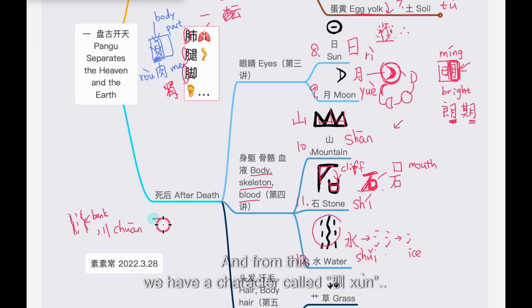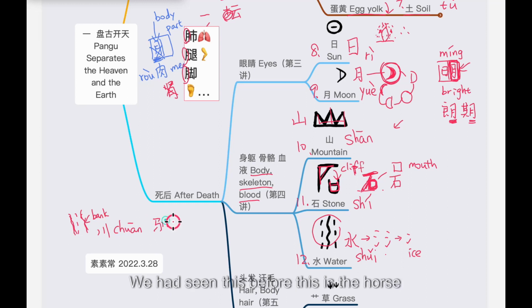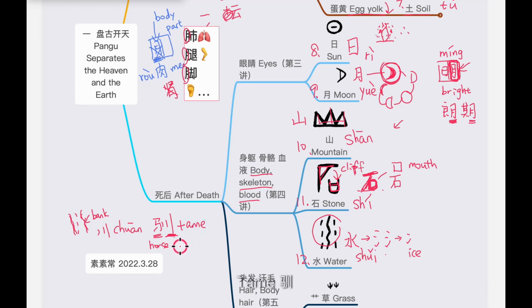From this we have a character called 驯. We've seen this before. This is the horse. And we need to restrict the horse, to tame the horse. Tame, 驯. From restricting, to control the water from getting out, 春.